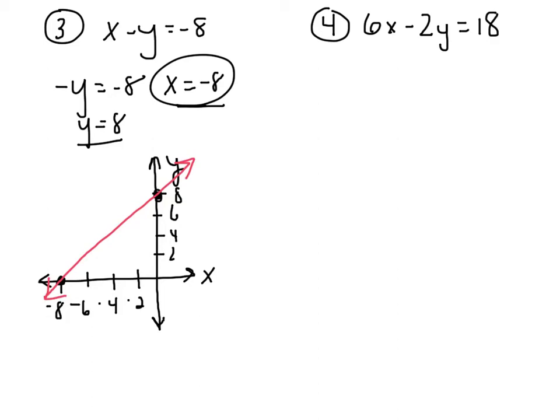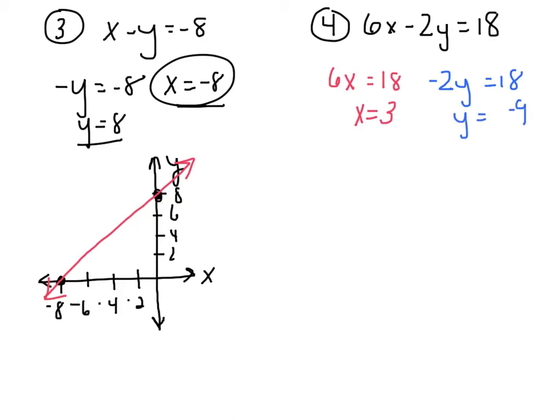Number 4, if you understand it by now, you can fast forward this. Otherwise, I'm just going to tell you, if you solve the equations, you're going to get 6x equals 18. The x-intercept is 3. Let me redraw that. The y-intercept is going to be negative 2y equals 18. Y equals negative 9.